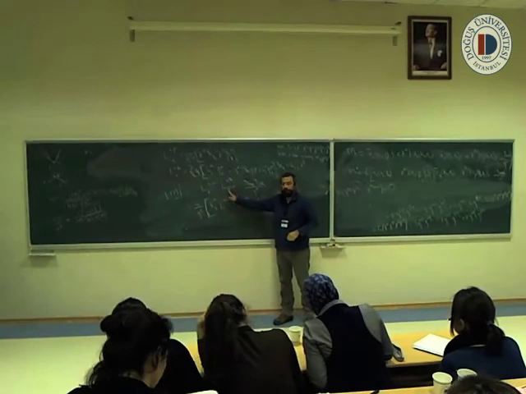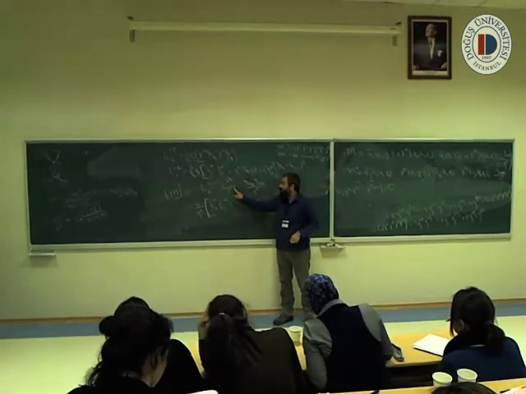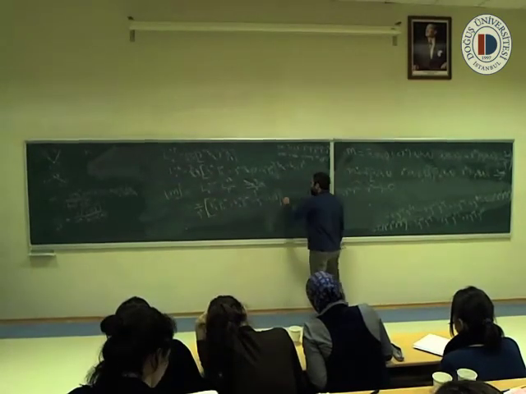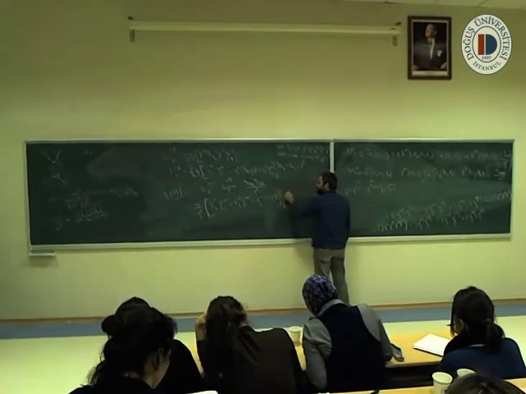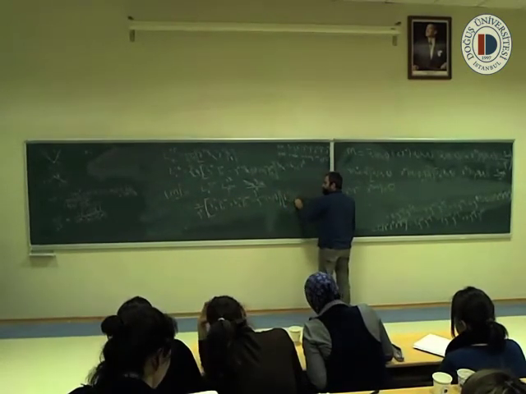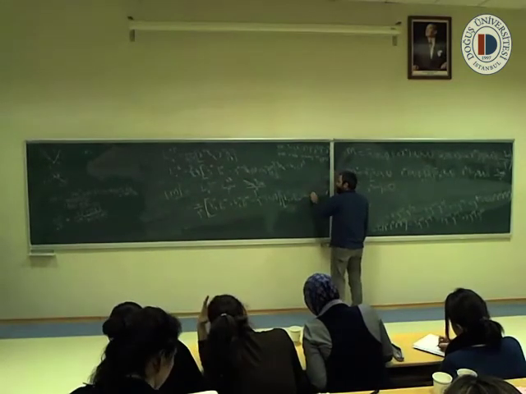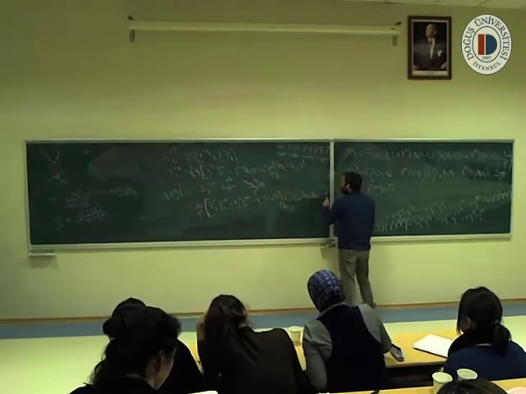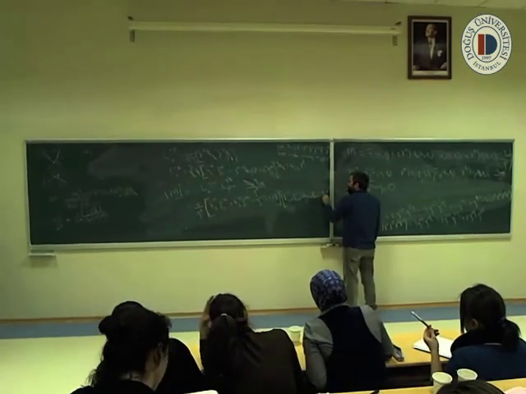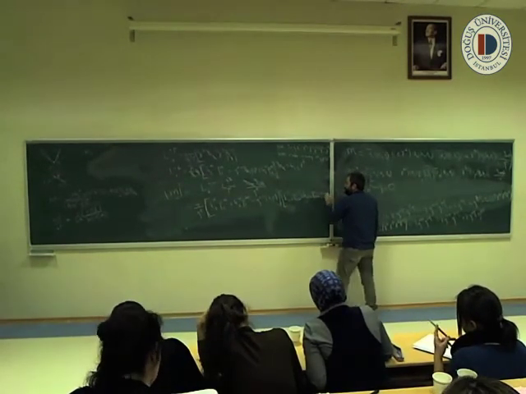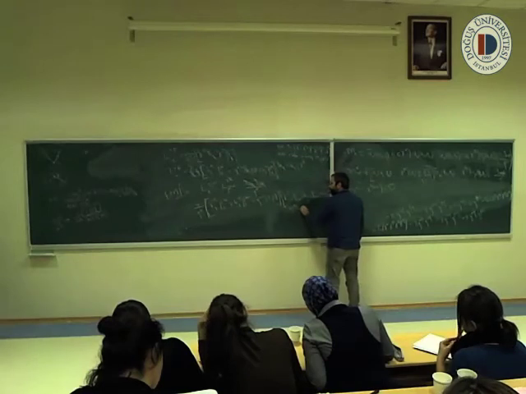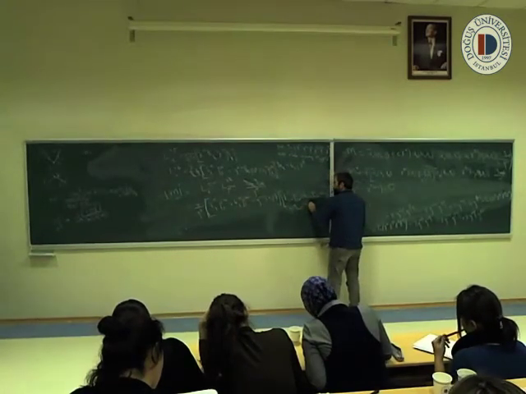Well, for the muon, they have the same indices now. The only difference is instead of K1, now I have K2, P2 omega, plus K2 omega P2 alpha, minus g alpha omega K2 P2.